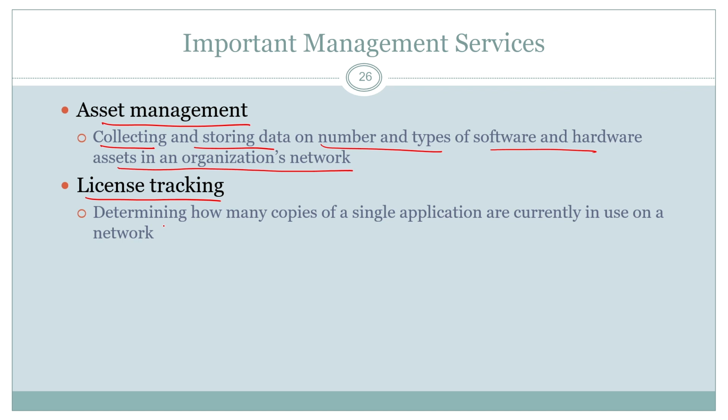Then the other one is license tracking, determining how many copies of a single application are currently in use in a network. Many software have a particular thing called a license associated with it, and these software licenses are expensive and are paid for, and hence you need to find out how many licenses are being used. So, let us say somebody has created a MATLAB license, and there are only 15 licenses available.